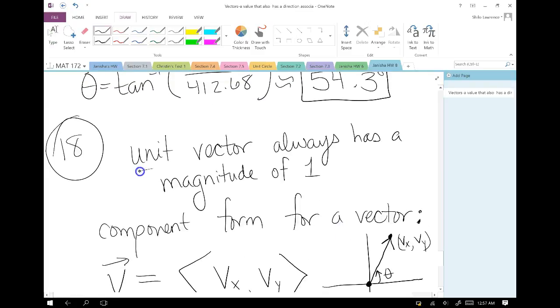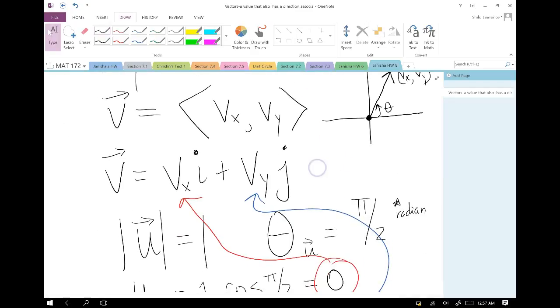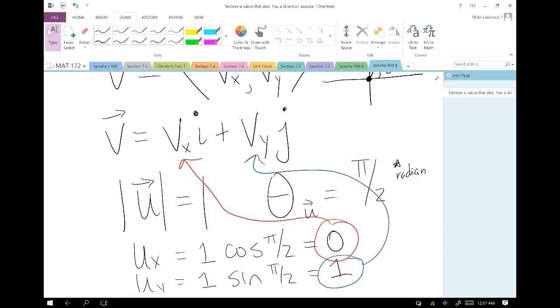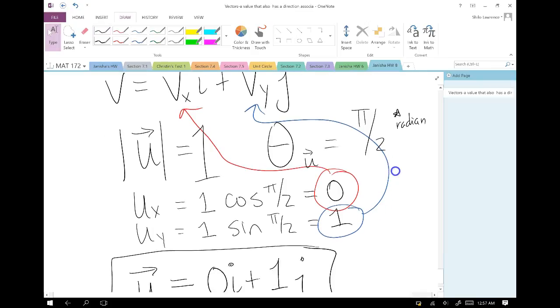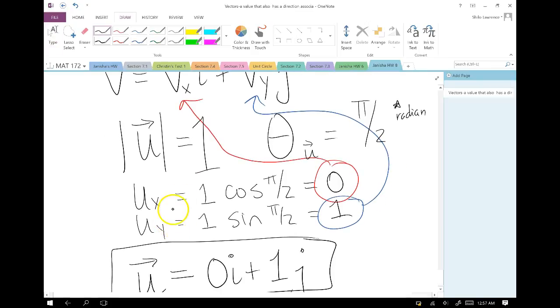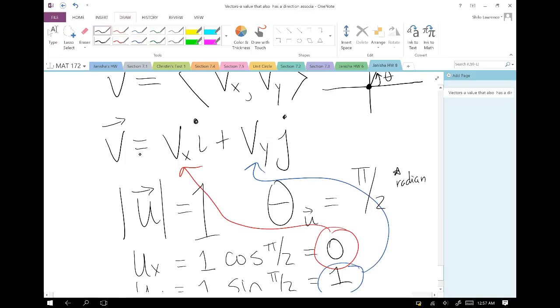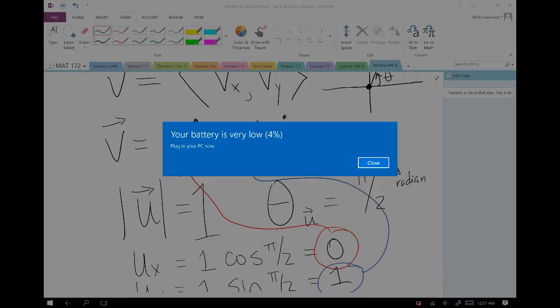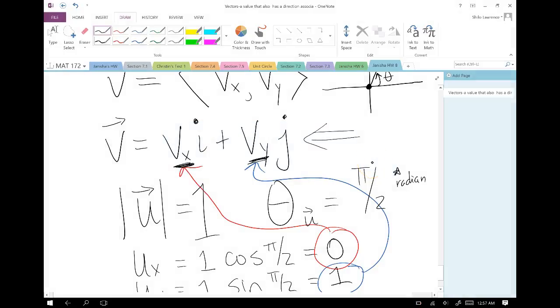So the trick is knowing that a unit vector has a magnitude of 1. If you know that, that's half of the information that we need. Then they tell us that the angle is pi over 2, then we know everything that we need to do components. And then you also need to know that that format right there just uses the components in those boxes. And you're good to go.